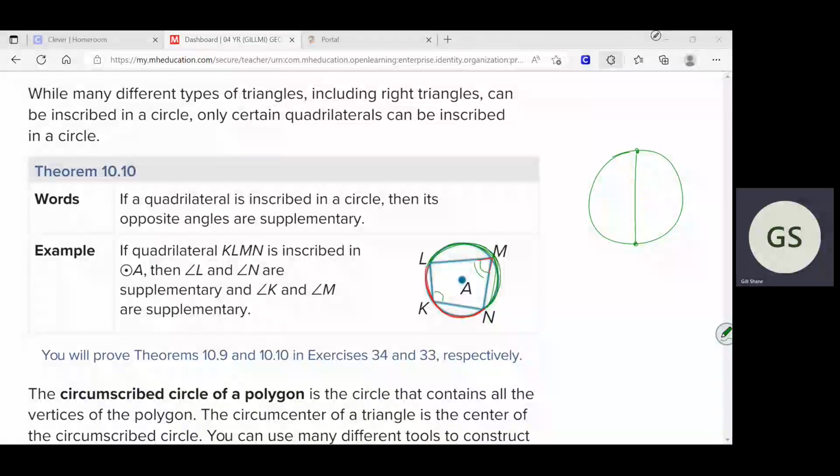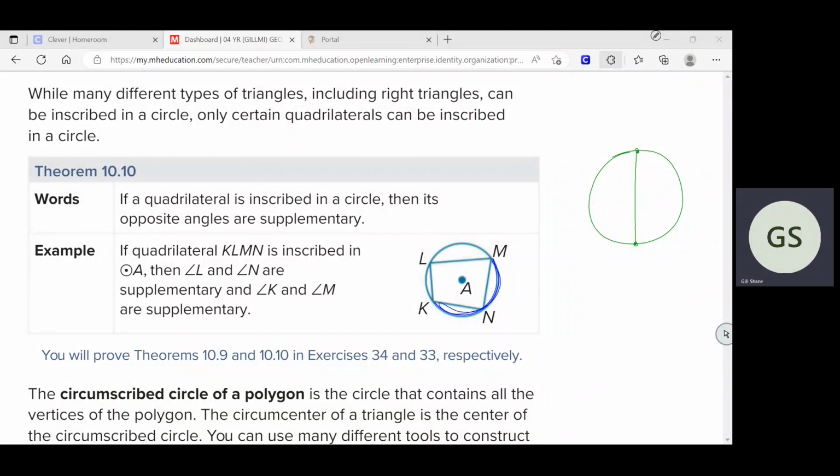So if we know that the arcs are going to total 360, the angles have to be half of that, because an inscribed angle is half of the arc. That's why they always have to add up to 180. We can do it with the other angles too. Let's say we did the other way with L and N. For angle L, here's the arc.